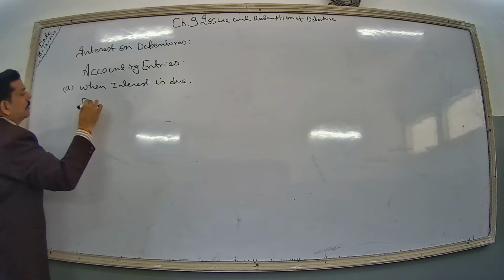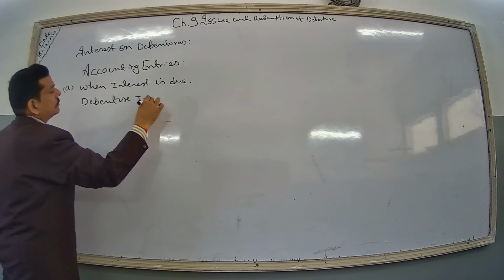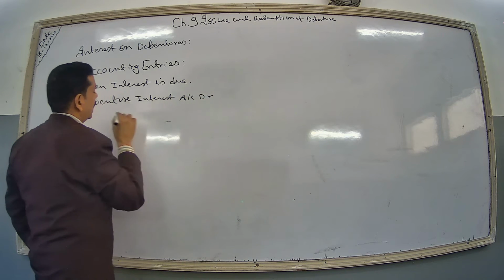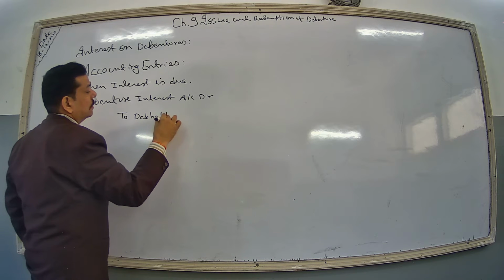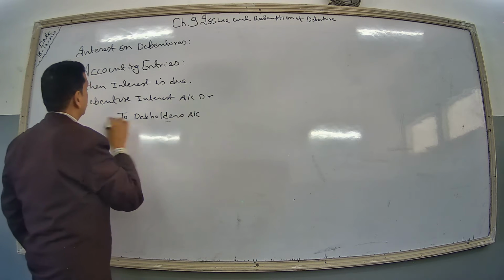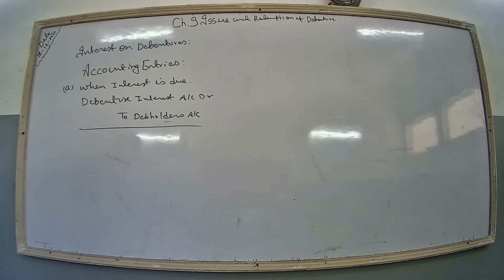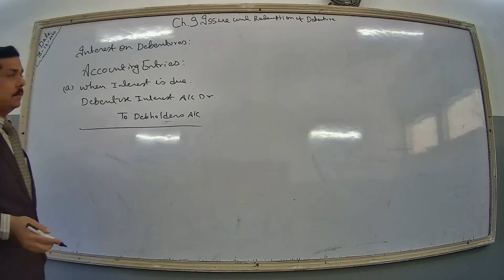Debenture interest account debit, to debenture holders account. Being the interest due to debenture holder. So this is the case when interest is due and tax is ignored.